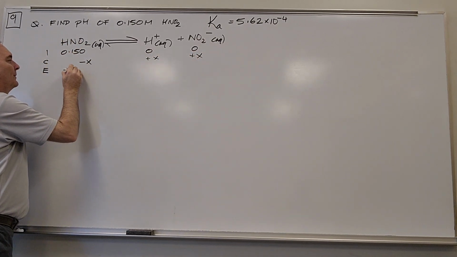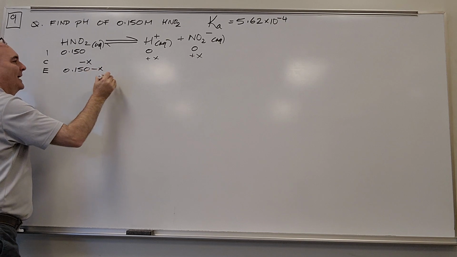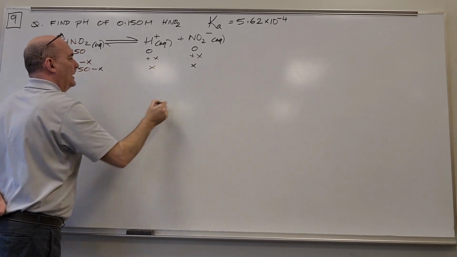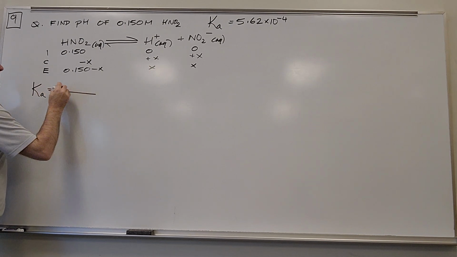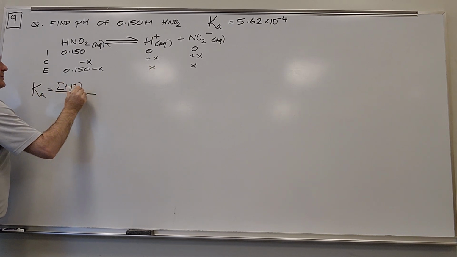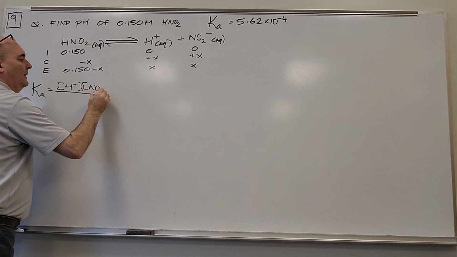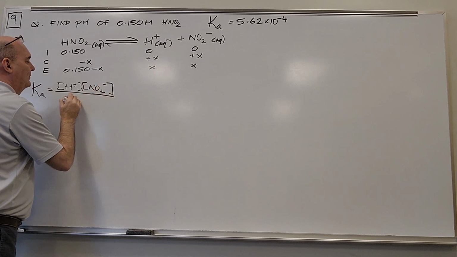So at equilibrium, I have 0.15 minus x, and x, and x, and the value of Ka is H plus NO2 minus. Remember, it's products over reactants.